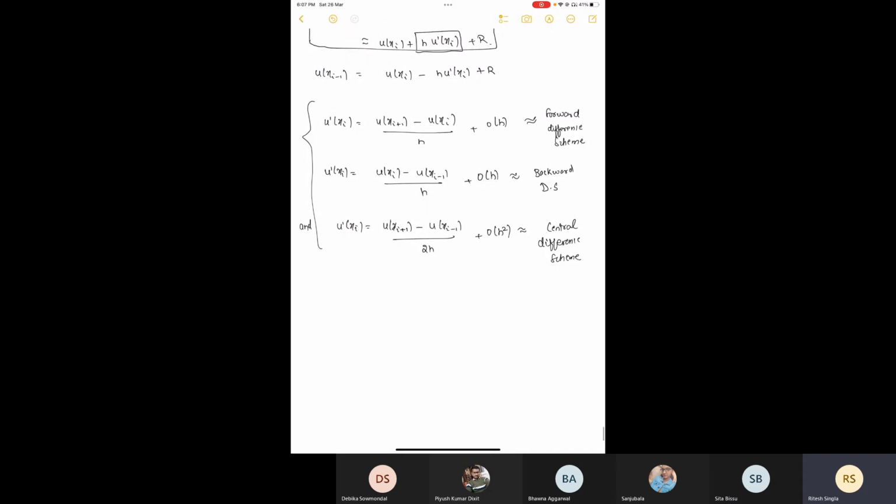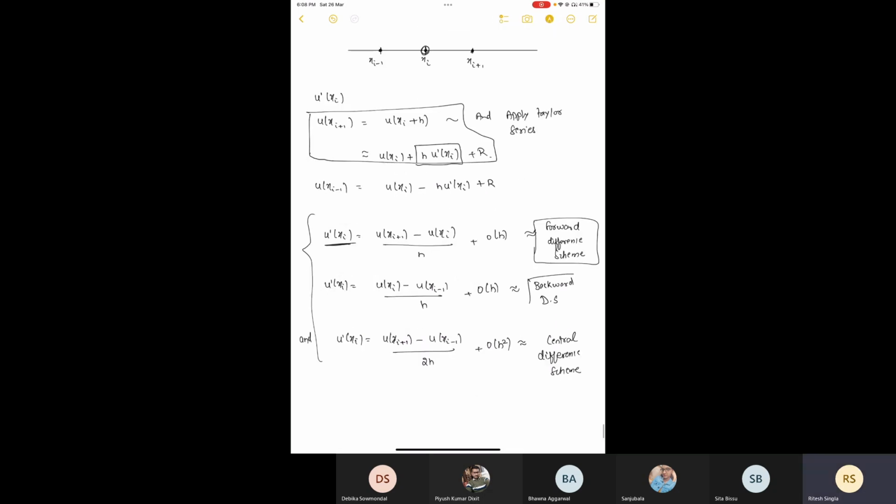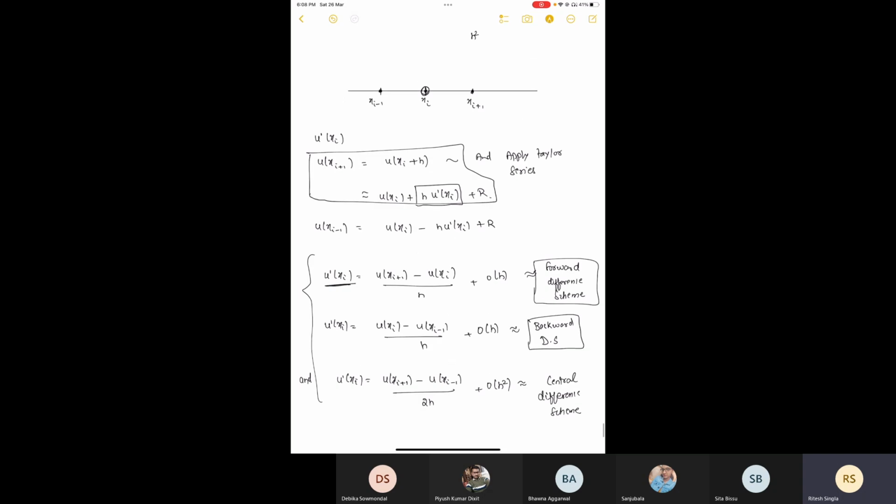These are clear by name. It is termed forward difference because when we calculate u prime here, we need the approximate solution at the next point also; we should already know u of xi plus 1 in order to find u prime xi. It is backward difference because to calculate the derivative at xi you depend only on xi minus 1, the one just before xi.